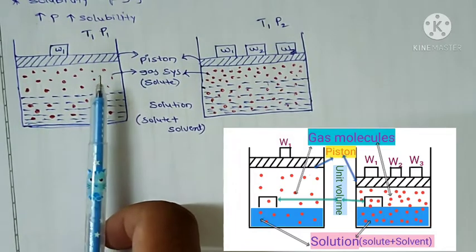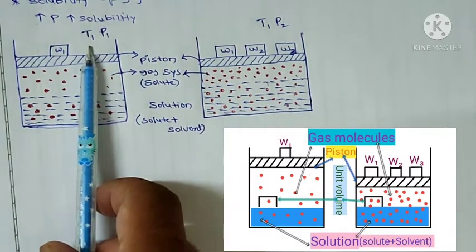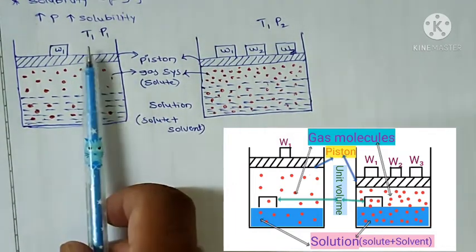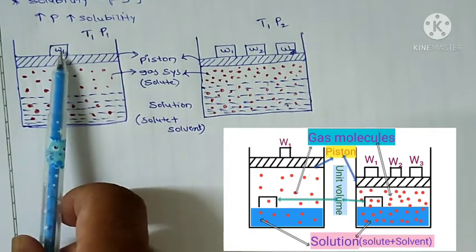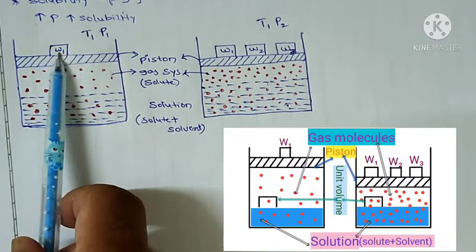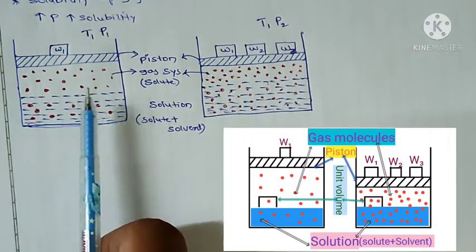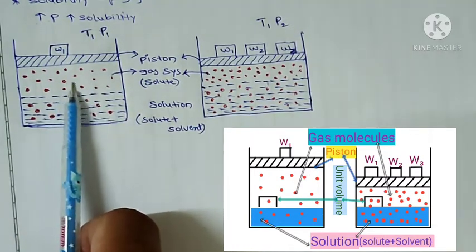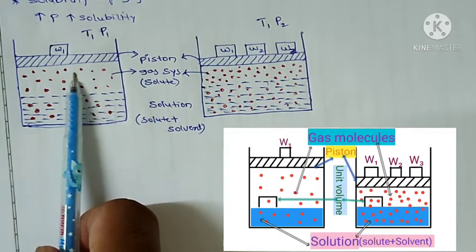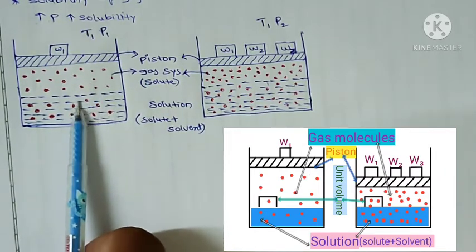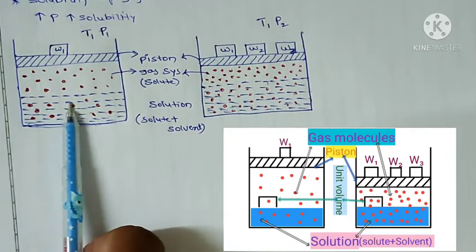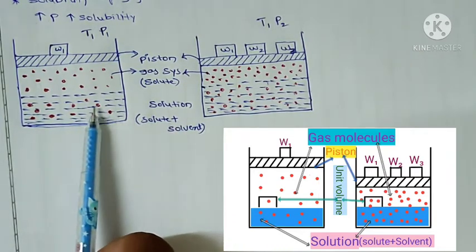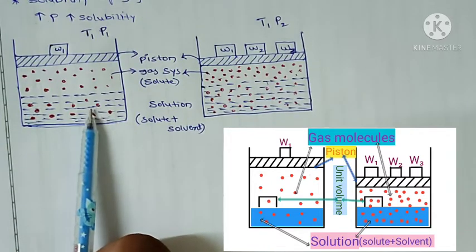And here the temperature is T1. This one is the piston, and above that piston I'm taking a weight W1. So here the upper part is a gaseous system and the lower part is a solution, because in the lower part we have solvent and solute particles also.